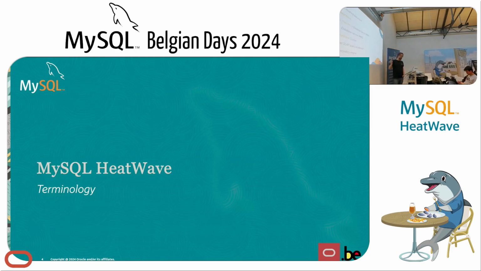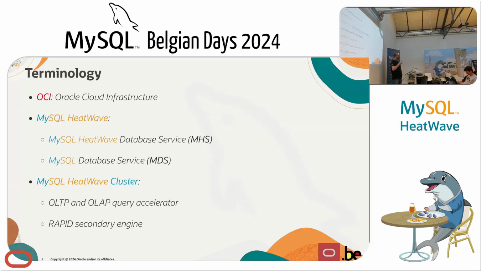It's about the terminology. So OCI is the Oracle Cloud Infrastructure, I think you all know. But when we say MySQL HeatWave, what is that? What's that beast? MySQL HeatWave, in fact, is also the generic name for the MySQL HeatWave database service that we call MHS.